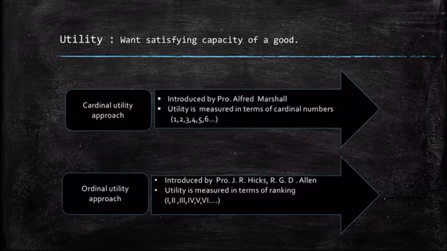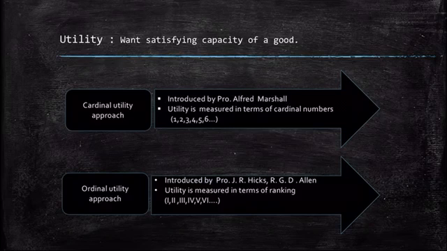For example, if a consumer is consuming an apple, he can express the satisfaction he receives from that apple in quantitative numbers, say 10 units. Or if a consumer is paying 10 rupees for that apple, he is expecting around 10 units of utility from it. So here it is a very easy way to calculate utility in measurable, quantitative units like 10 units.